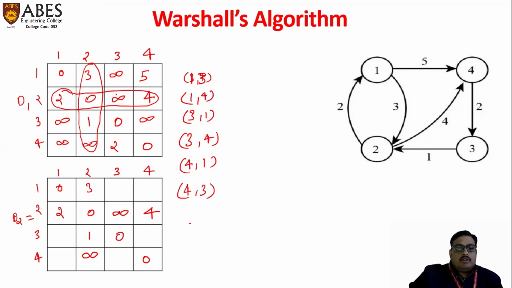Now we need to calculate these values. Here we'll write 1, 2, because we will take 2 as the intermediate node.